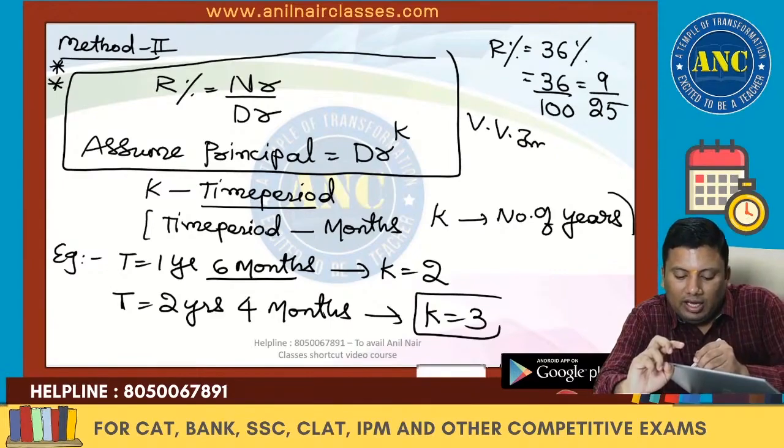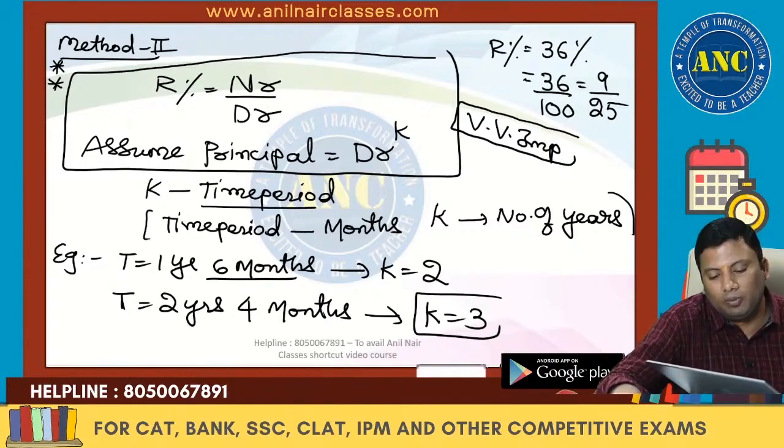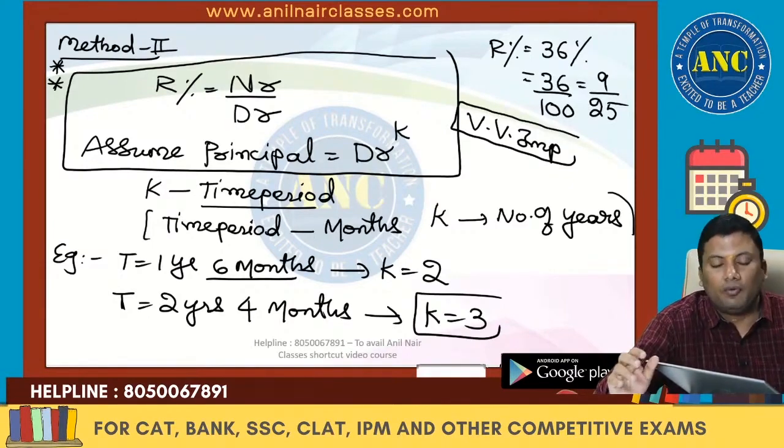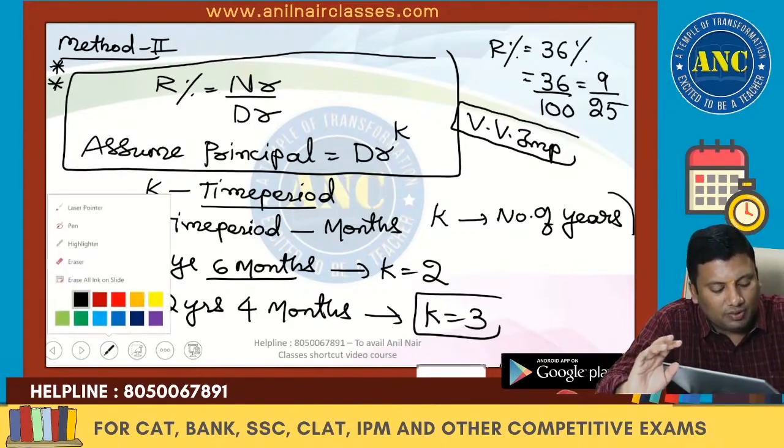Very, very important point. R percentage is numerator by denominator, assume principal as denominator power k. Once you understand this, then a lot of problems are easier.